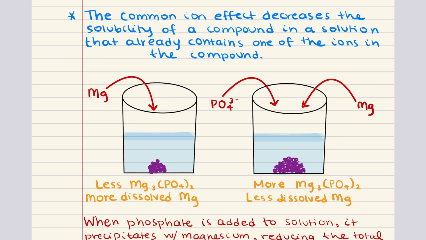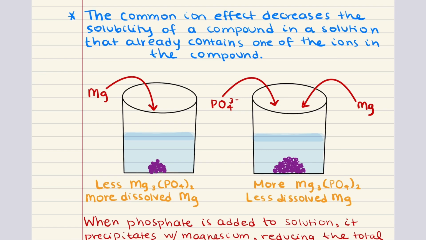This shift occurs because the system wants to reduce the excess magnesium ions and restore equilibrium. As a result, more magnesium phosphate precipitates out of solution and the overall solubility of magnesium phosphate decreases.